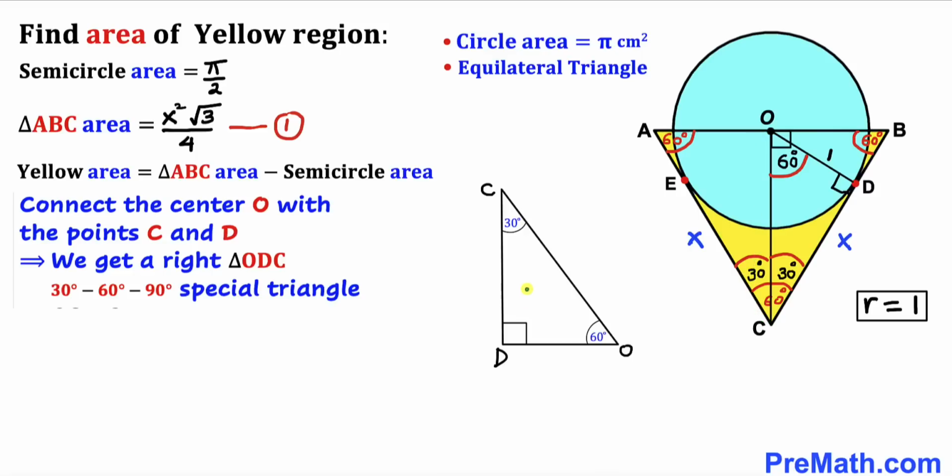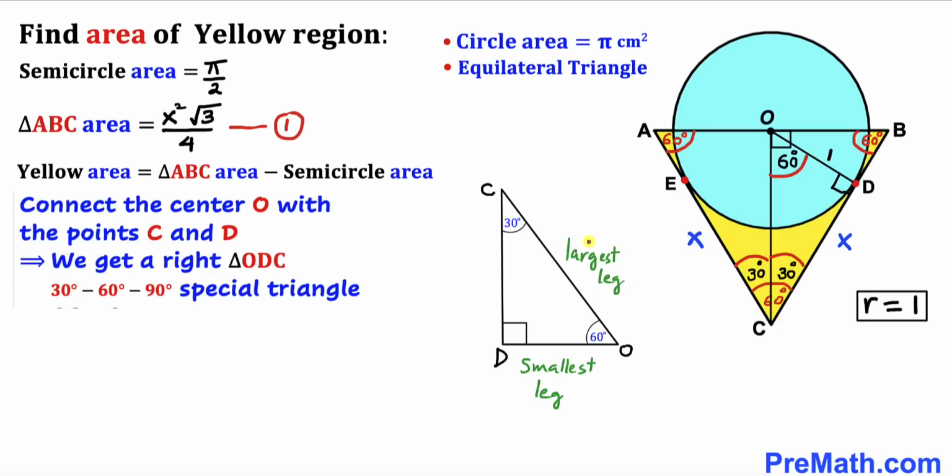OC. And here I have copied down this triangle ODC over here. And we can see that this 30 degrees is our smallest angle. So the side opposite to that is going to be our smallest leg. And this 90 degrees is our largest angle. So the side opposite to that one is going to be our largest leg.